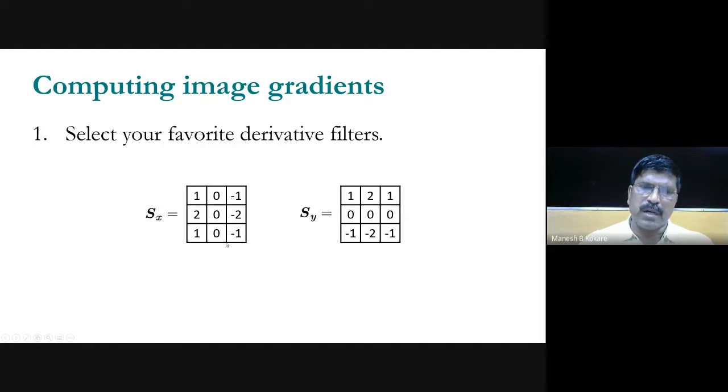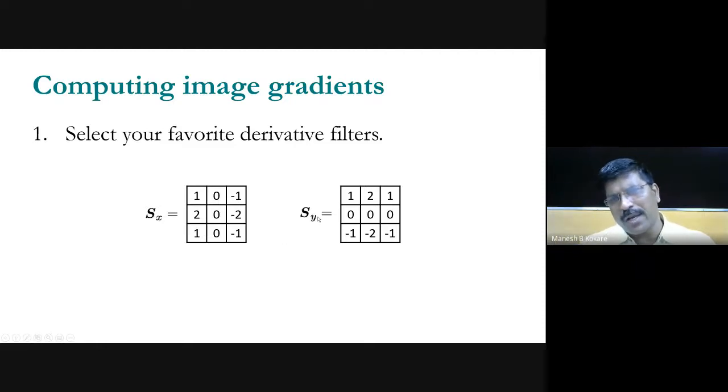Now see, when you are applying the operator Sx and moving it over the image, what kind of edge will you detect? What difference are you going to detect? It will be a vertical edge.